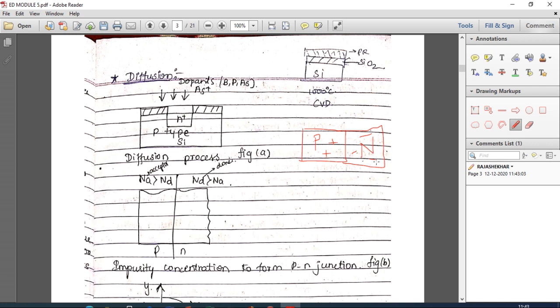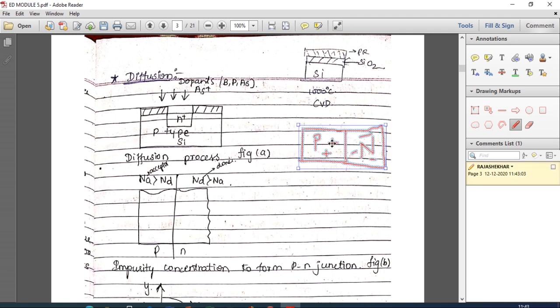We call this process diffusion. In other words, it is the movement of charge carriers from a higher concentration area towards a lower concentration area. After diffusion, it will achieve a uniform concentration between the P and N type material. This is what we call diffusion.